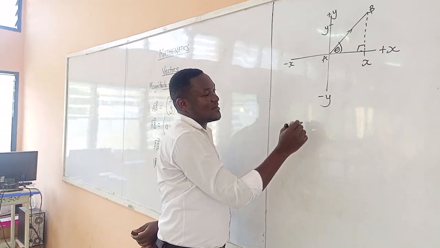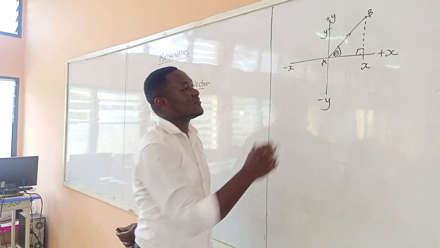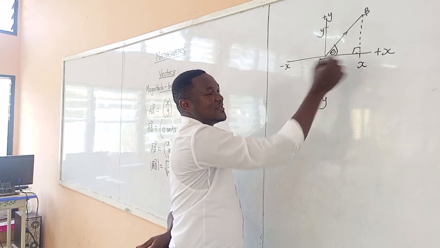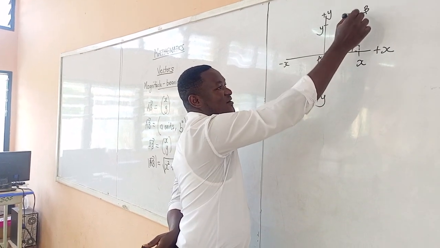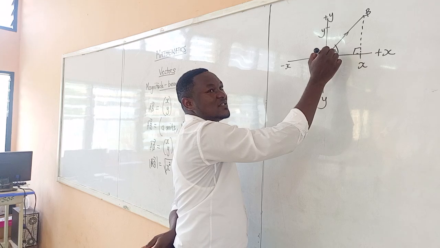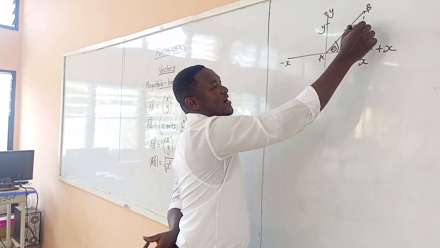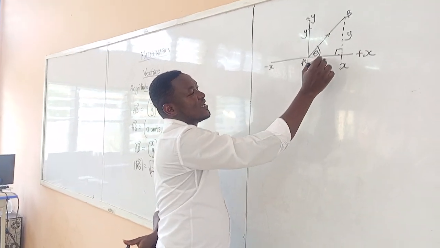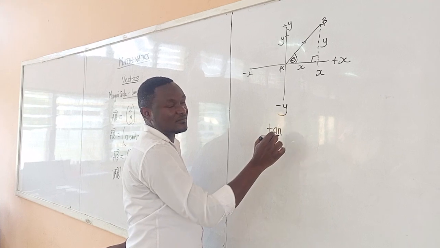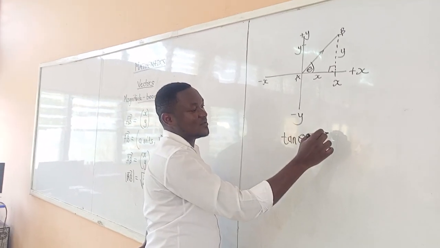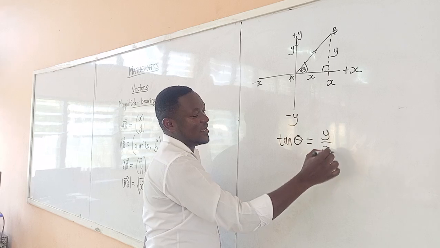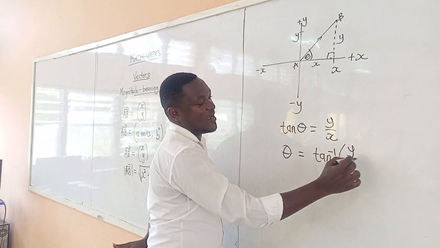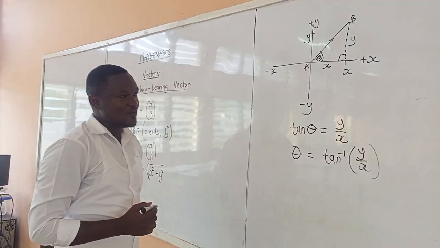So tan of the angle will be equal to the opposite of the angle divided by the adjacent. The opposite side of the angle is equal to the unit along the y-axis, while the adjacent side is equal to the unit along the x-axis. So tan theta is equal to y over x, where theta will be equal to tan inverse of y over x.